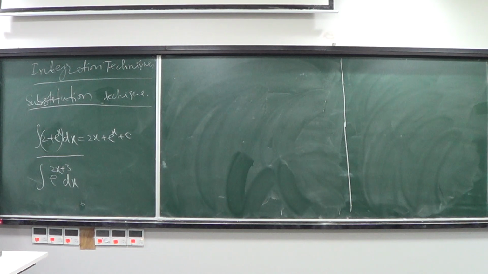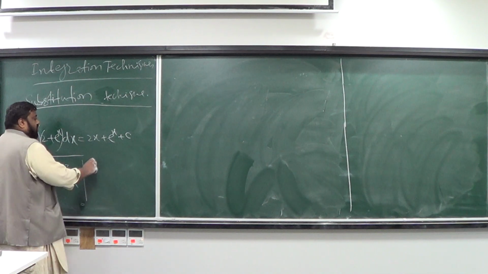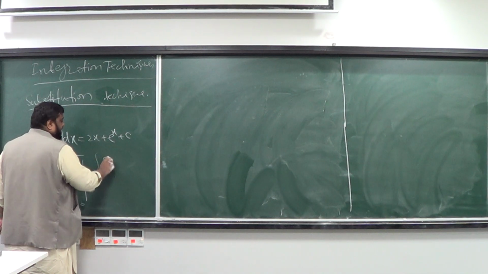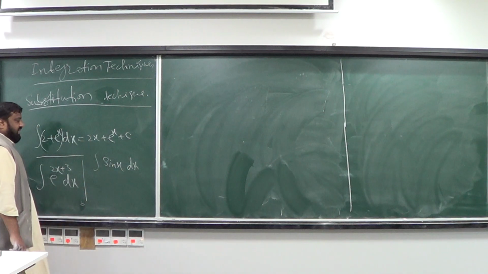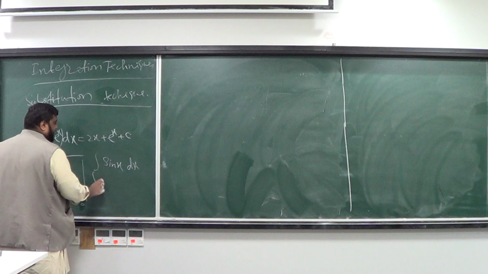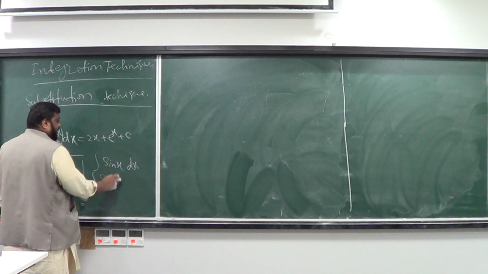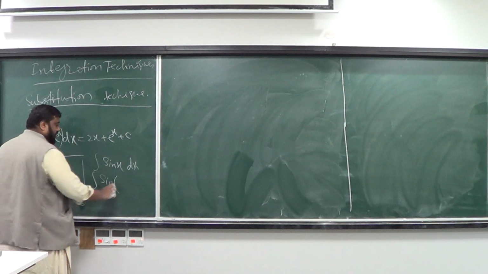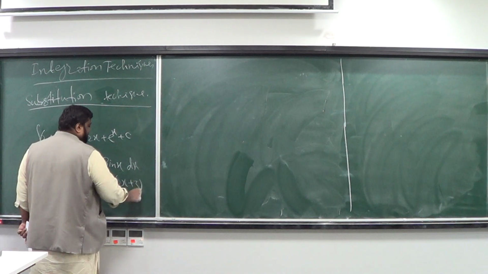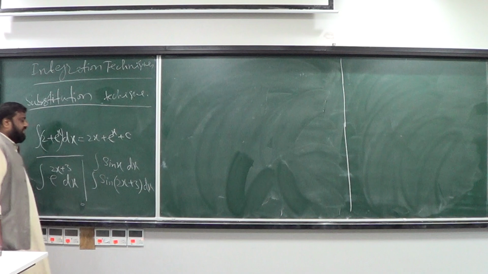How to integrate it? I know how to integrate, for example, sine x dx. But how to integrate sine if, instead of x, I replace it by a function of x, say 2x plus 3, dx?